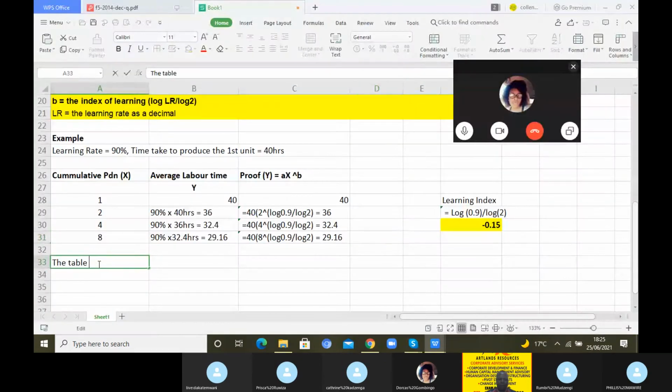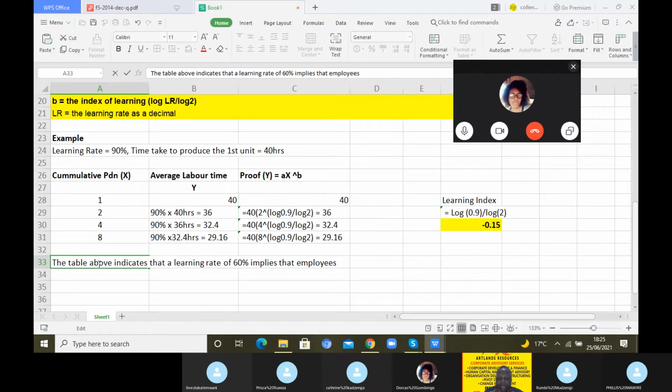We say the table above indicates that a learning rate of 60% implies that employees are learning faster.